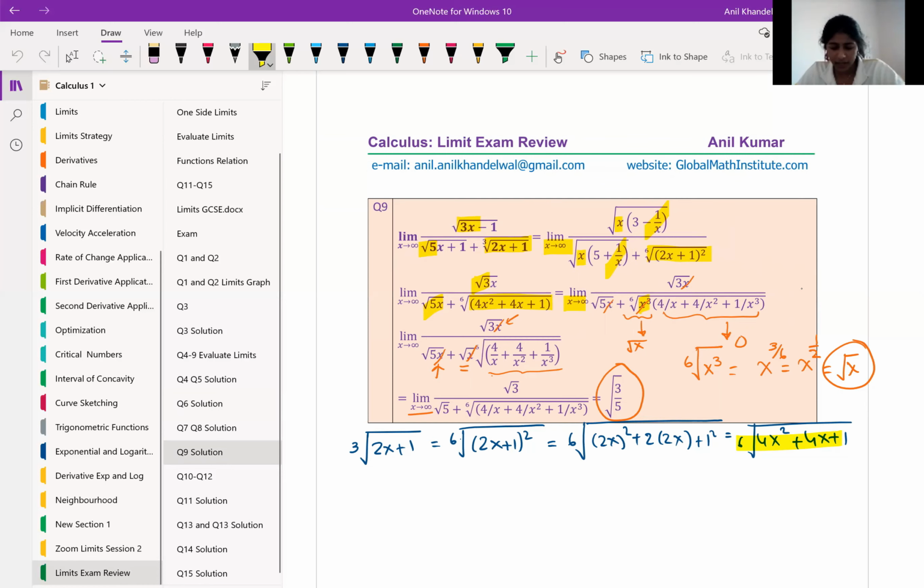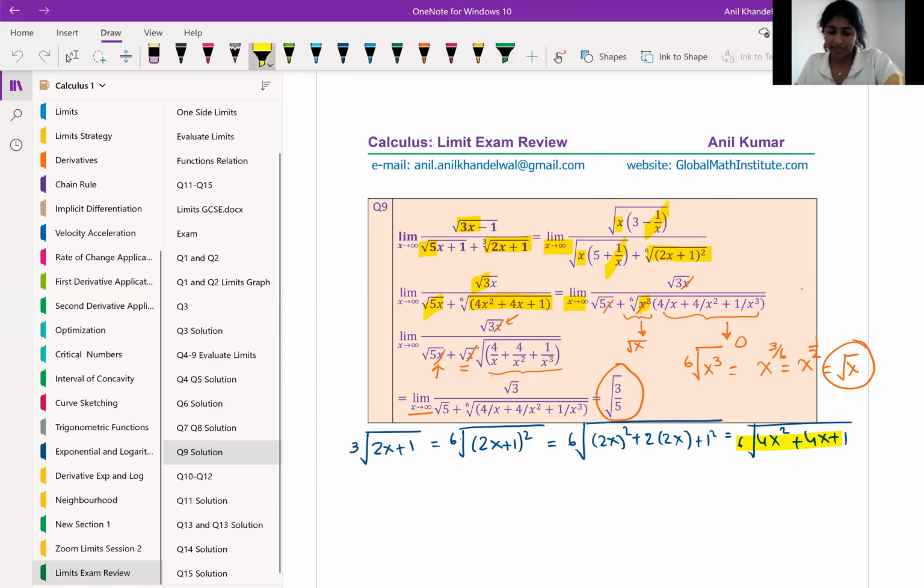And 9. So yeah, this is the one where I had to watch your video on it. But we started off by taking the x out of the bracket, and I got what you got. So square root x bracket 3 minus 1 over x, all over square root x bracket 5 plus 1 over x plus square root x, and this is the part.